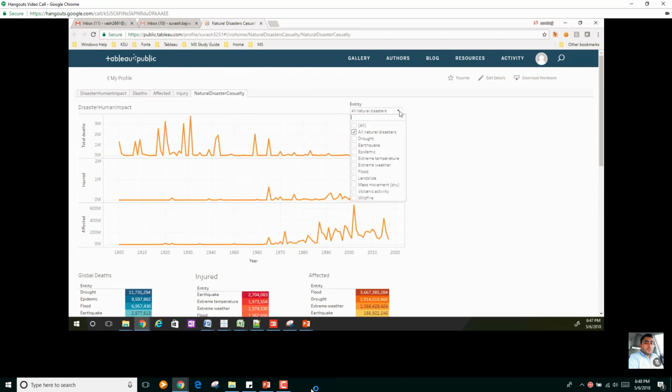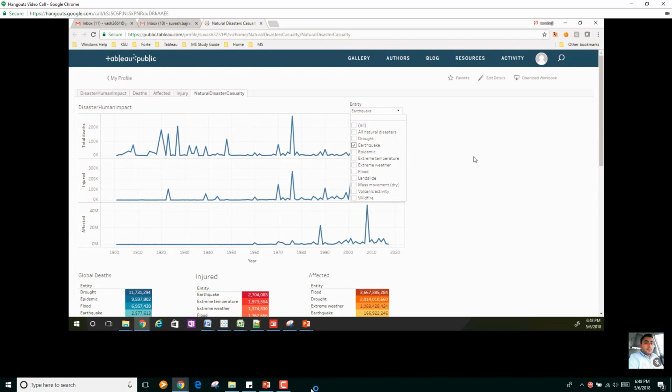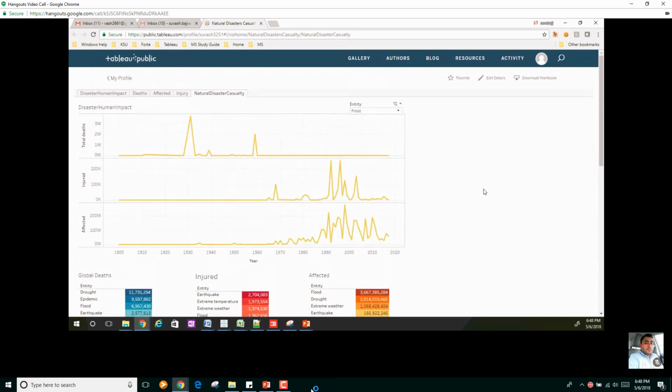And here we can go and filter with other events. As you can see, earthquake has a uniform pattern here with regard to death. But yeah, you can go around here and do your own analysis. Flood.